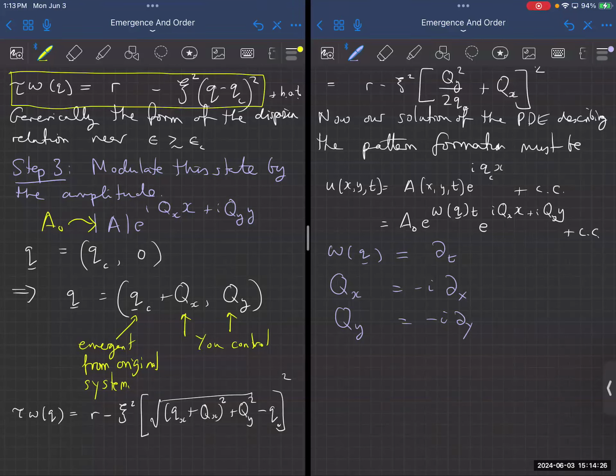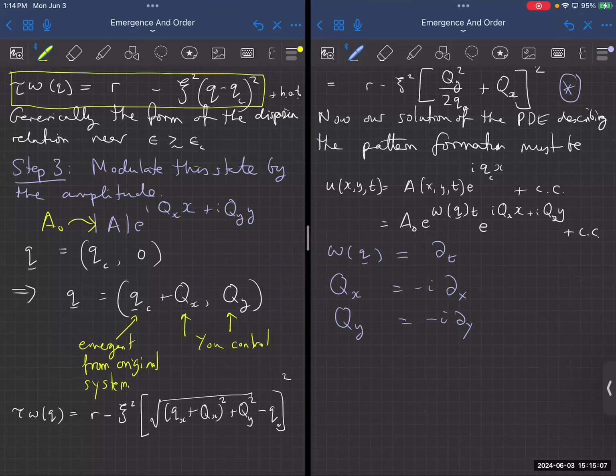So therefore, from this dispersion relation over here, while I've got tau omega of q, that's now tau d by dt. And over here, well, I have qy, I now have d y squared, and so on and so forth. So I'm taking the dispersion relation and turning the formula for that into a partial differential equation.